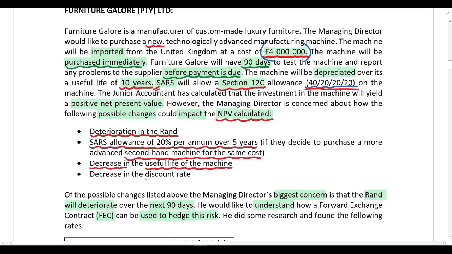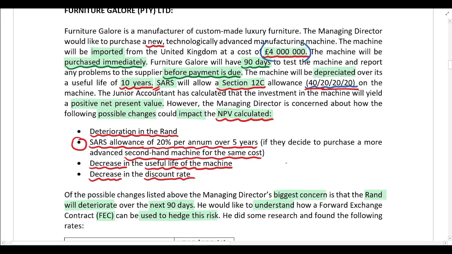Then what happens if the discount rate decreases? So in my last example with you guys, when I was discussing the SARS allowance, I used a discount rate over there of 10%. Now remember, the discount rate is the minimum return that the company needs from that project. If we have a discount rate of 10% and we calculate a positive net present value, it means that the project or the investment is going to give a return higher than 10%.